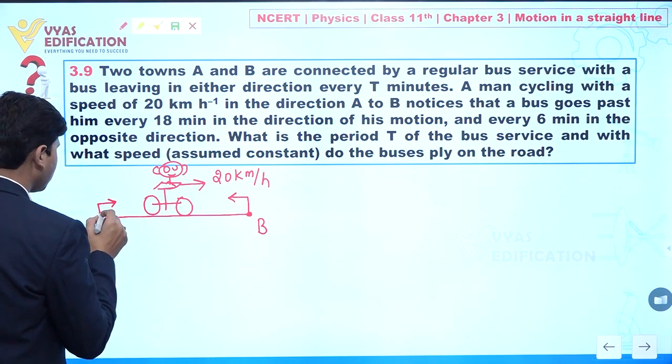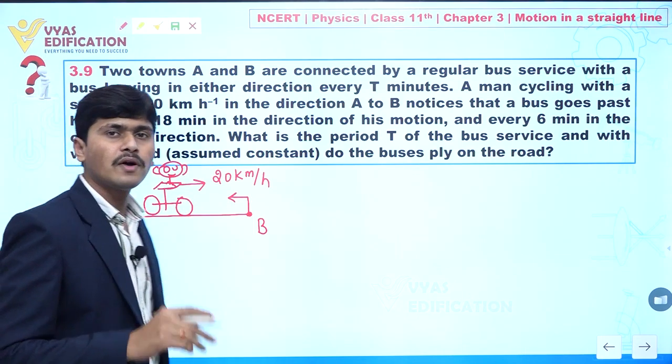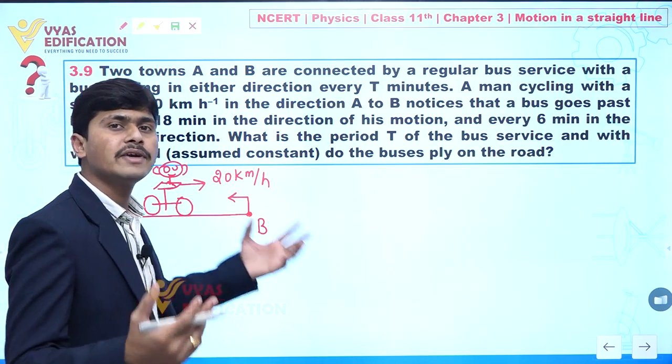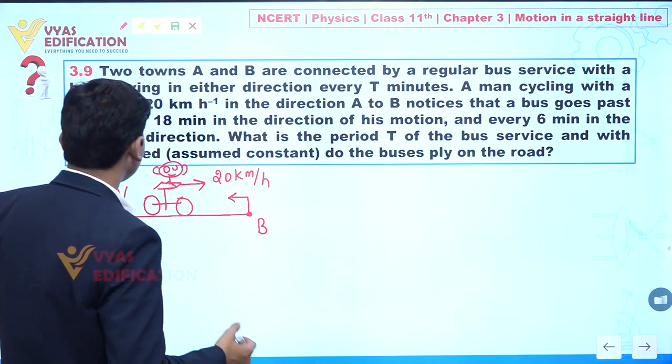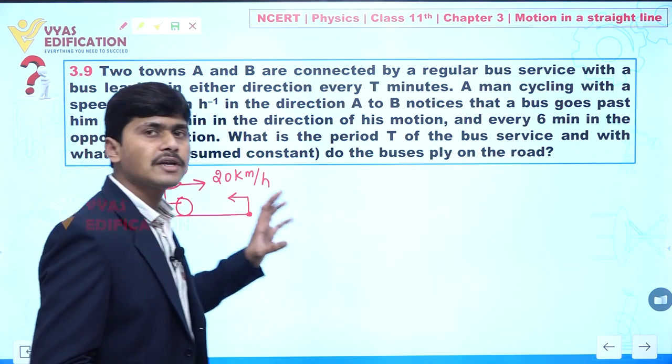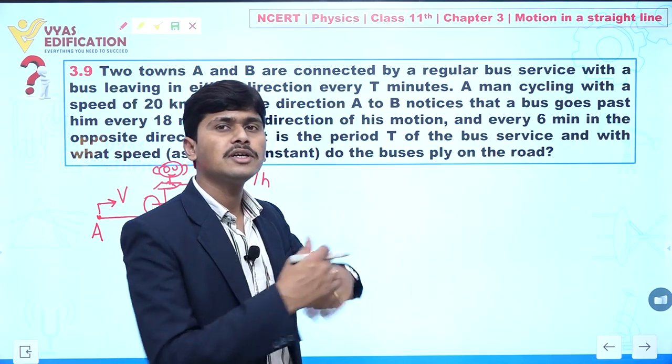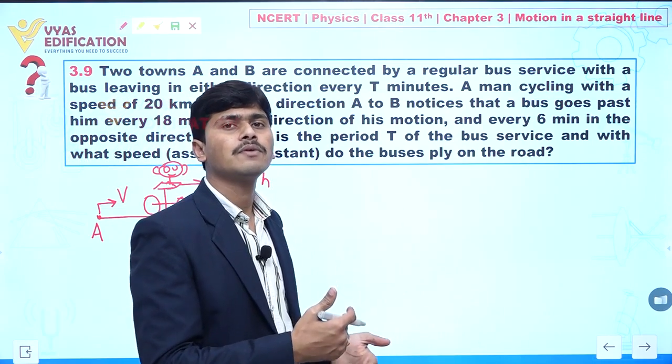Let's suppose when the bus is leaving from town A, it has a speed V. After every T minutes a bus is going from town A at regular intervals.